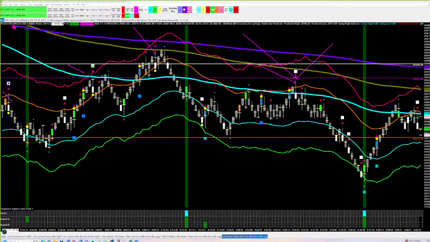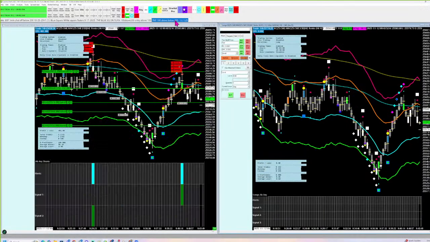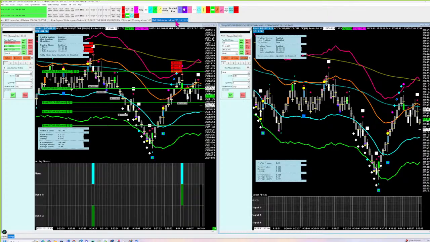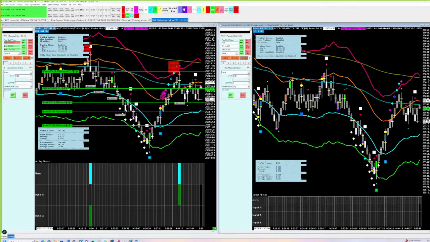Should get scale number two here in a second. Just needs to get down here. Stop at 1150.